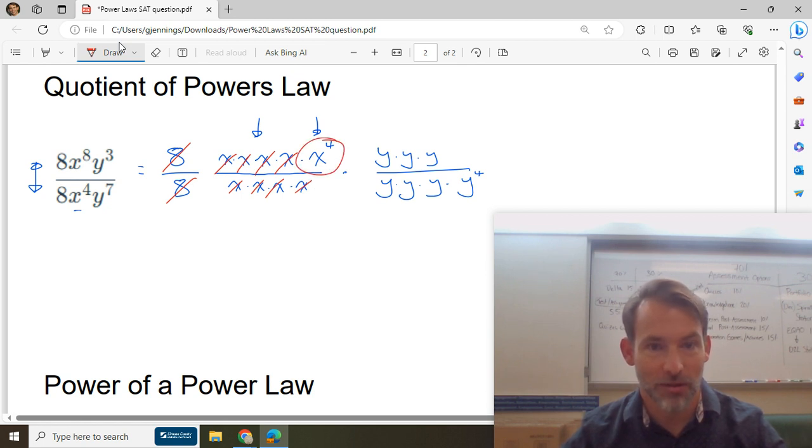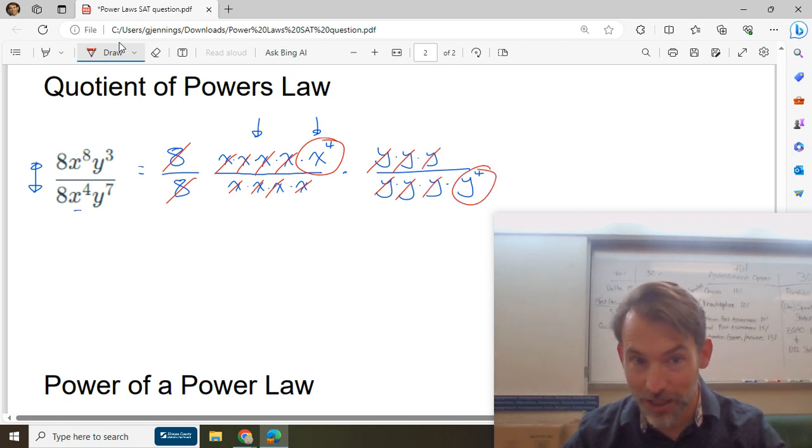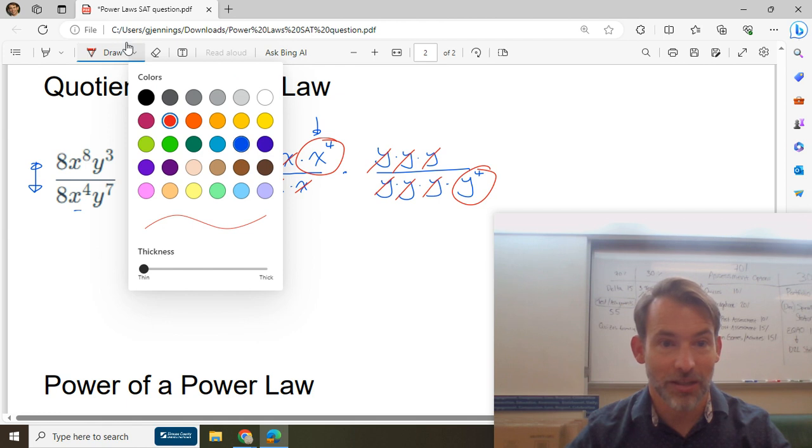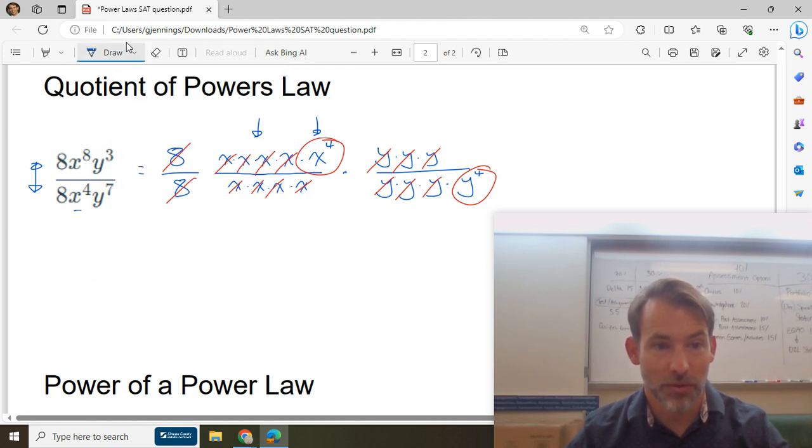It leaves us just x to the 4 living upstairs. This y cancels that y, and so on, leaving us a y to the 4 living downstairs. So our final answer here, and we're all finished with this question: 8 divided by 8 was just 1, we don't tend to write that. We're left with x to the 4 on top and y to the 4 on the bottom.